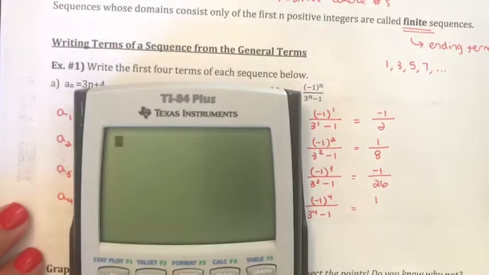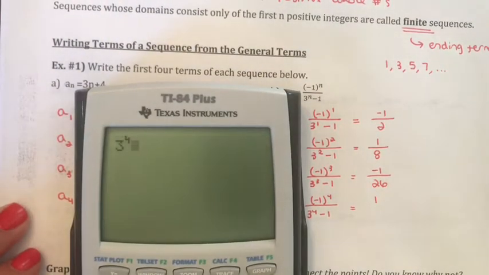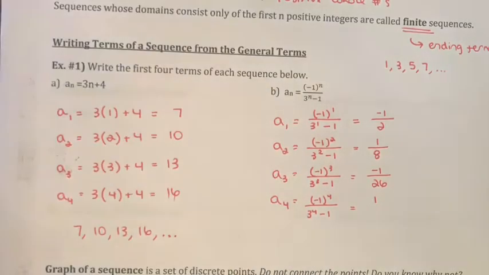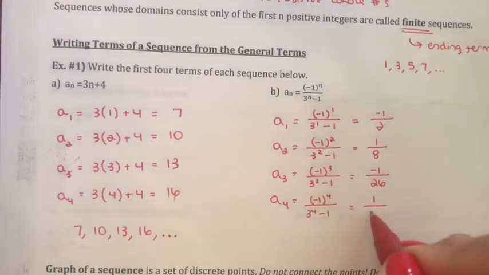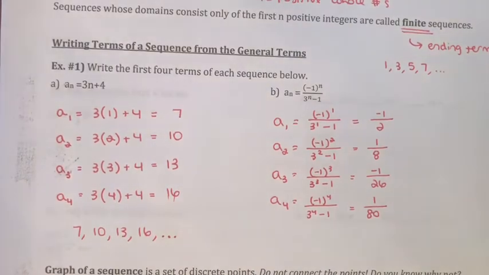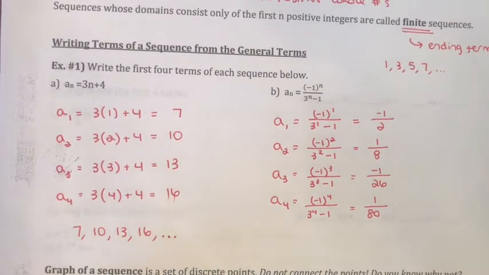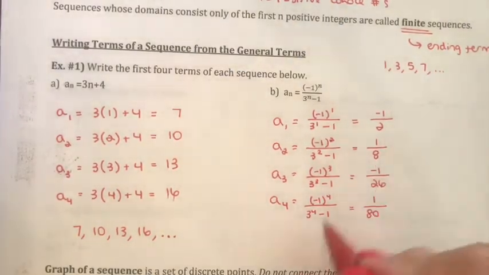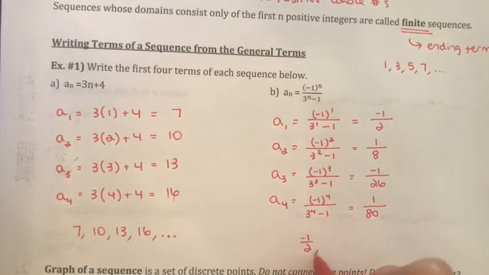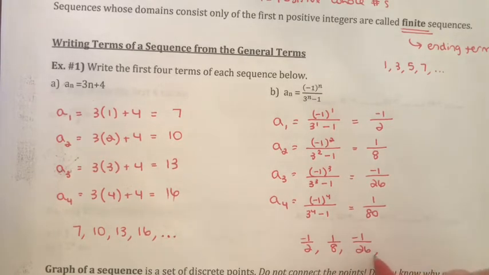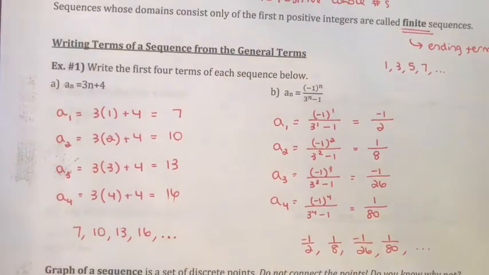On the bottom, 3 to the 4th minus 1 gives me 80. All right. So the first 4 terms of our sequence are negative 1/2, 1/8, negative 1 over 26, 1 over 80.